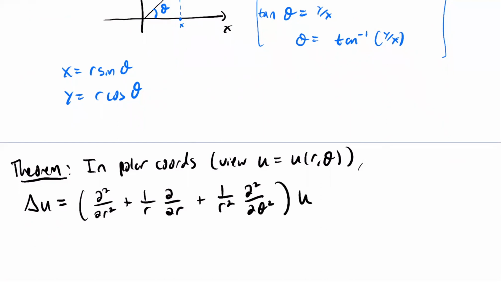Right. And so how do you prove this? Well, the argument is very similar to what we just did to prove the rotation invariance. You use this coordinate change in the chain rule, and you try to calculate what uxx and uyy look like in terms of these new coordinates. And then you simplify everything and you get this formula. It is a pretty lengthy calculation, so I'm going to omit it from the lecture for a few reasons.